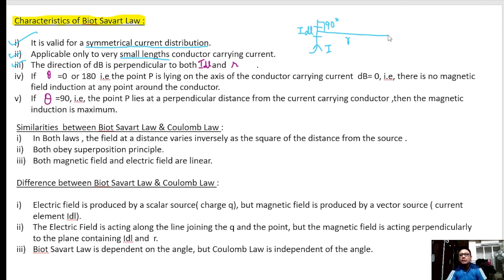Here I have to find the magnetic field at this point. So remember, the direction of the magnetic field is perpendicular to both I dl and r. That means B is perpendicular to I dl and B is perpendicular to r. Please note that.